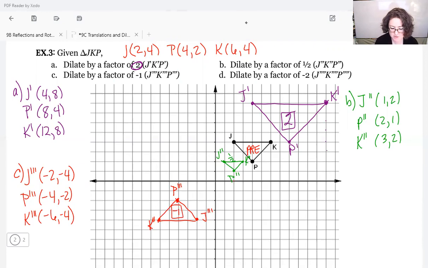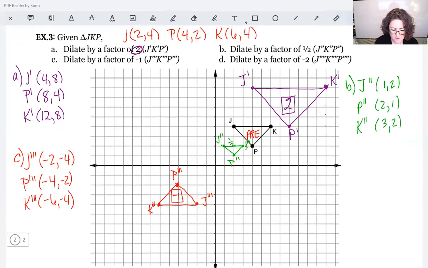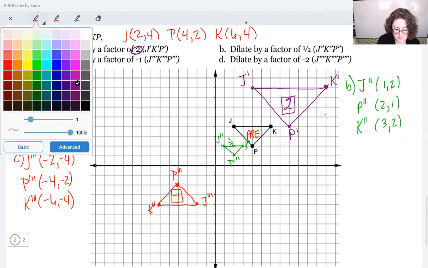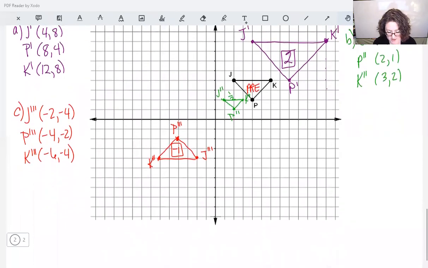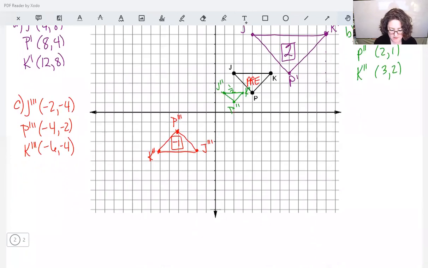Okay, and last one to do, let's go over on the right-hand side again. So I'm going to change back to regular old black ink, and let's see what happens. So again, I'm going to write these over here because I'm running out of room. No, I can get them down at the bottom. Okay, and you'll see why I'm writing it down here this time.